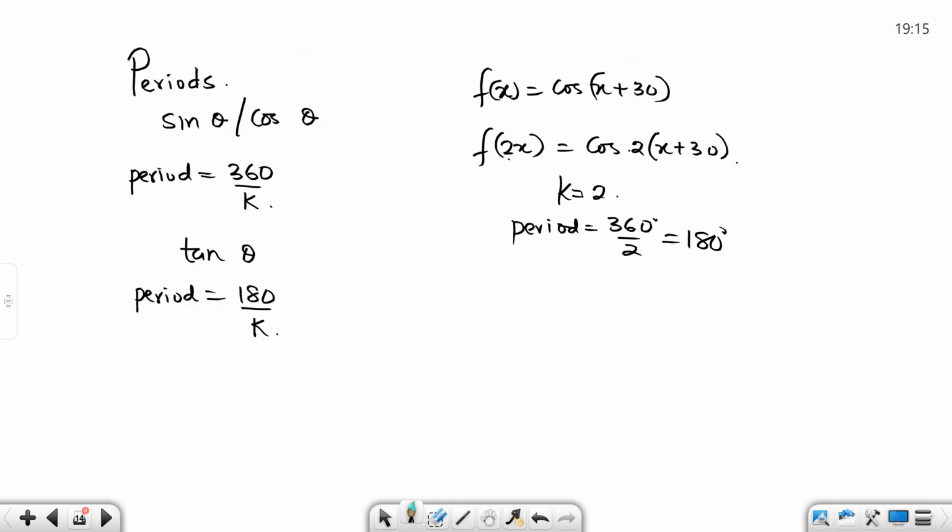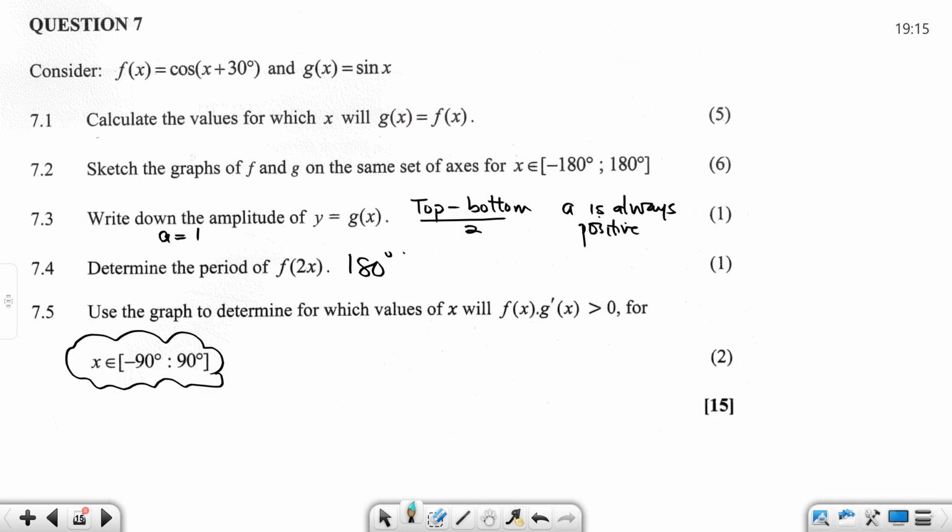Your domain starts from where? The question will always guide you. It says 90 is inclusive. You've got to look at that. That's why I didn't want to answer you on the spot, because if the examiner did this, then 90 is not inclusive. So I'm reluctant in answering. Inclusive.